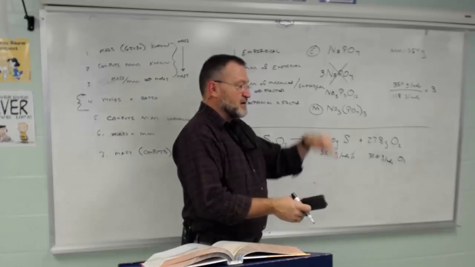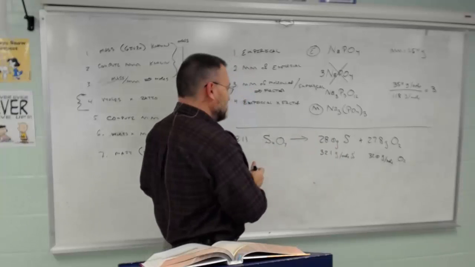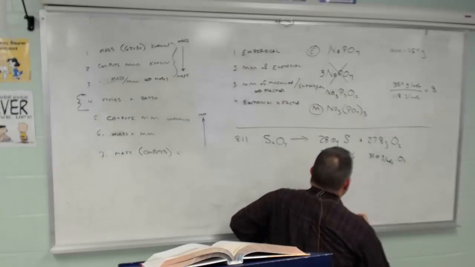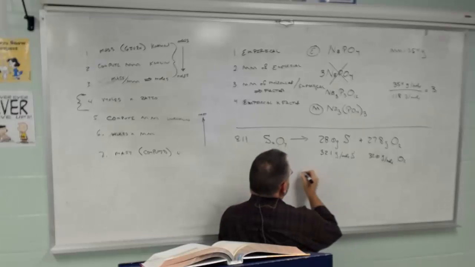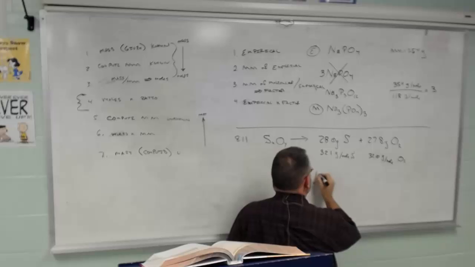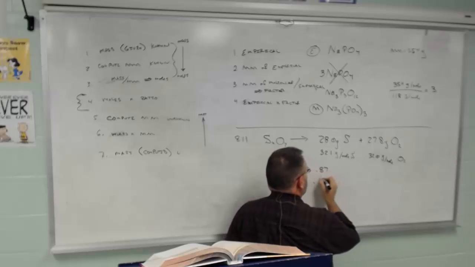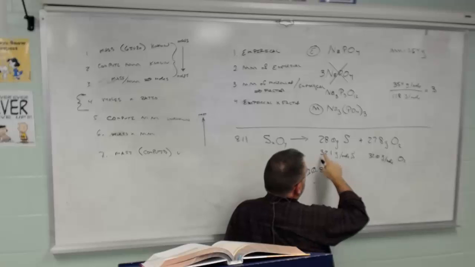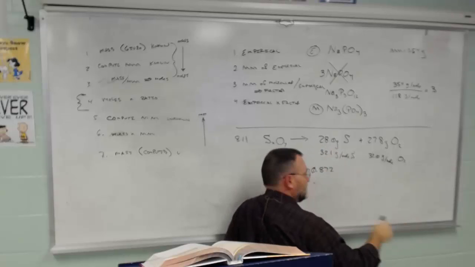So anybody with a personal computer here, what's 28 divided by 32.1? Just give me, is it 0.872? Yeah. Okay, we'll just go with that. How many should we, let's look back up here. We've got 3 significant figures, 1, 2, 3.